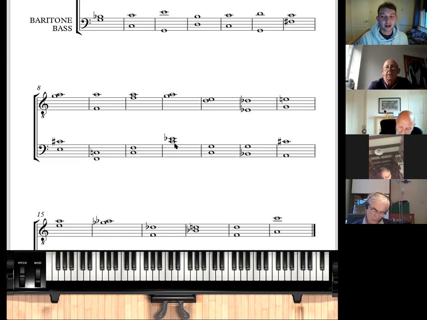Is it C minor seventh or something? In this case, no, it's not a minor chord, though it could be interpreted as one.